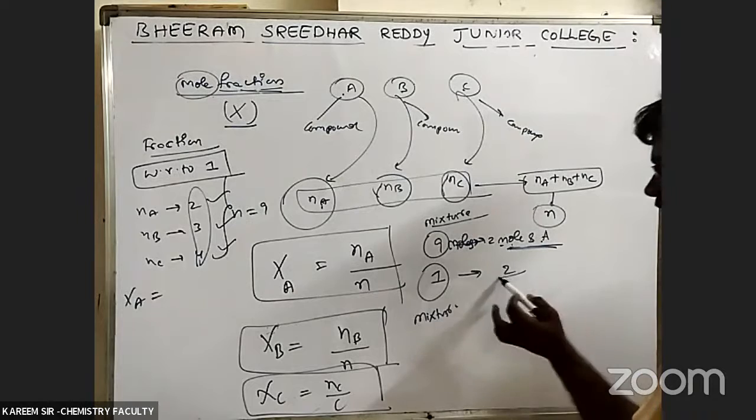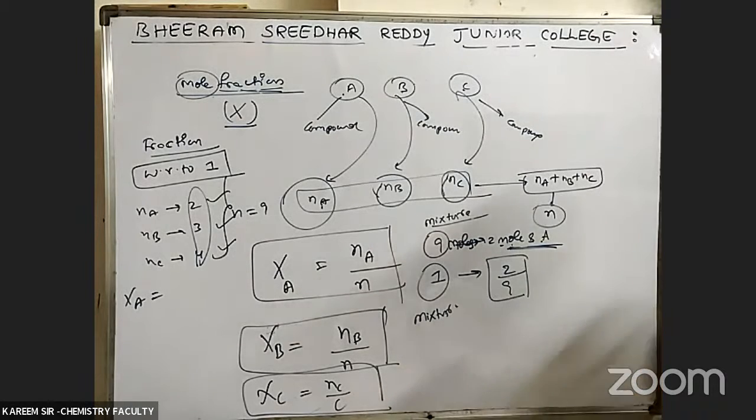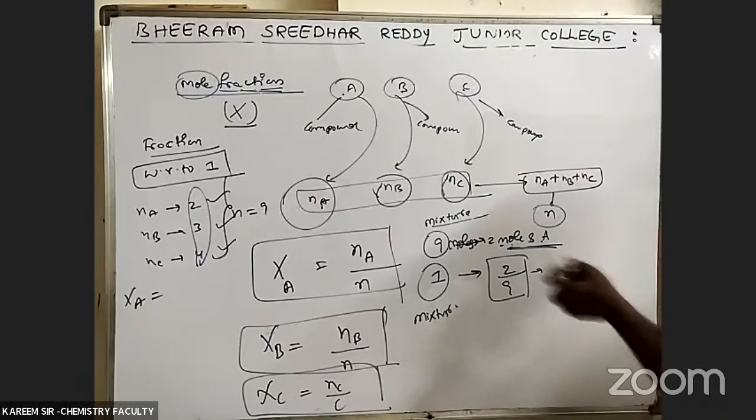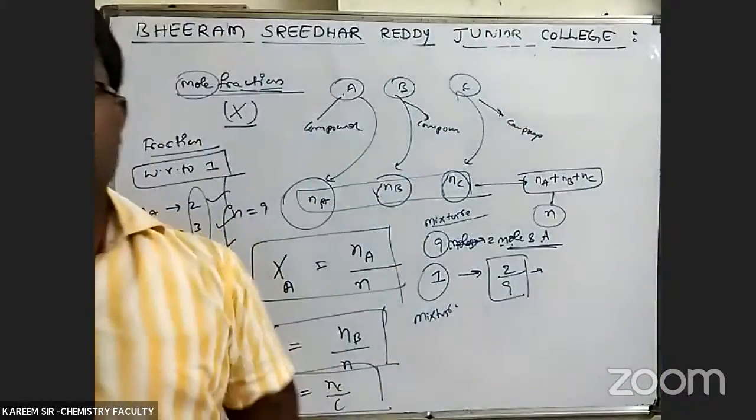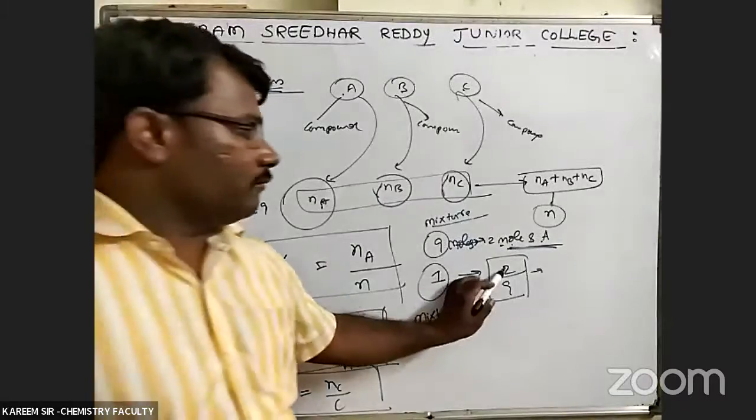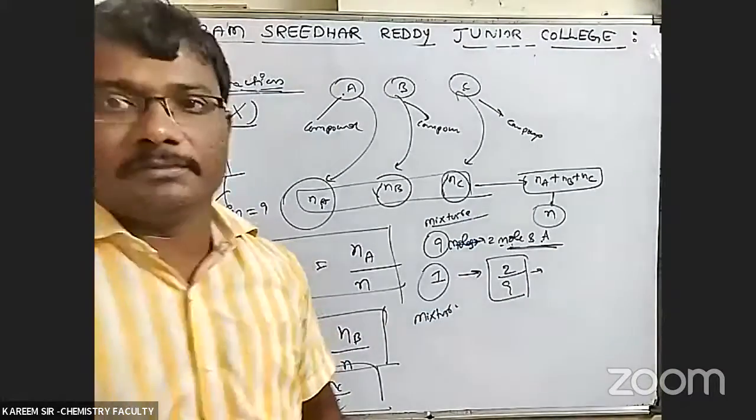That is 2 by 9. So this is the number of moles of A in 1 mole of the mixture.